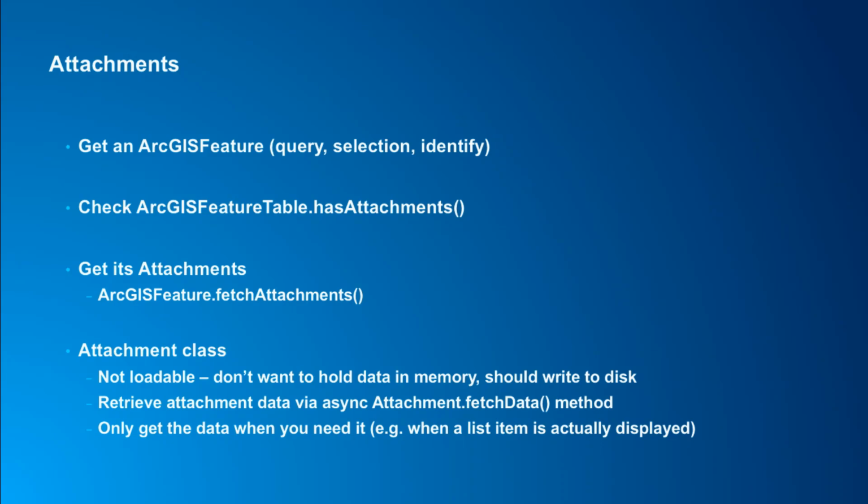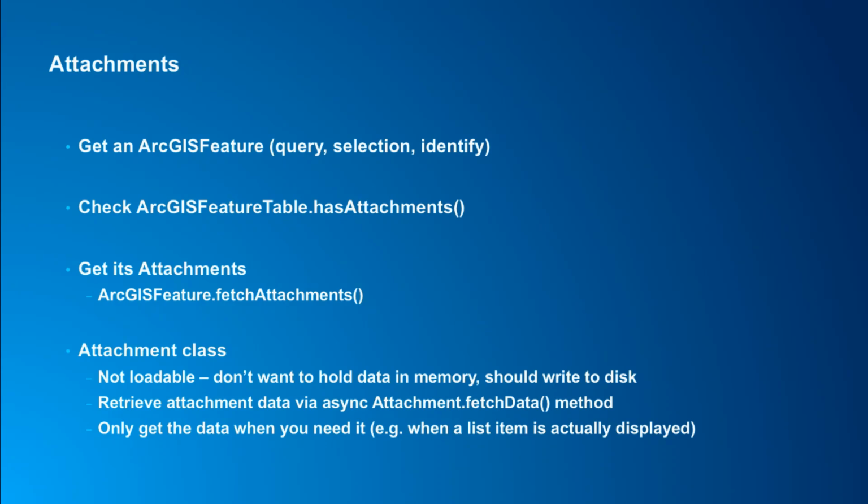We think you as a developer would prefer to have a stream of data of the attachment that you can then either put on disk or send to a UI component, rather than having an object in memory that takes up a huge amount of memory because the attachment itself was a very large binary file. So the attachment class is not loadable, but it does allow you to get the attachment data via an async attachment fetch data method. And you should only get the attachment data when you really need it.